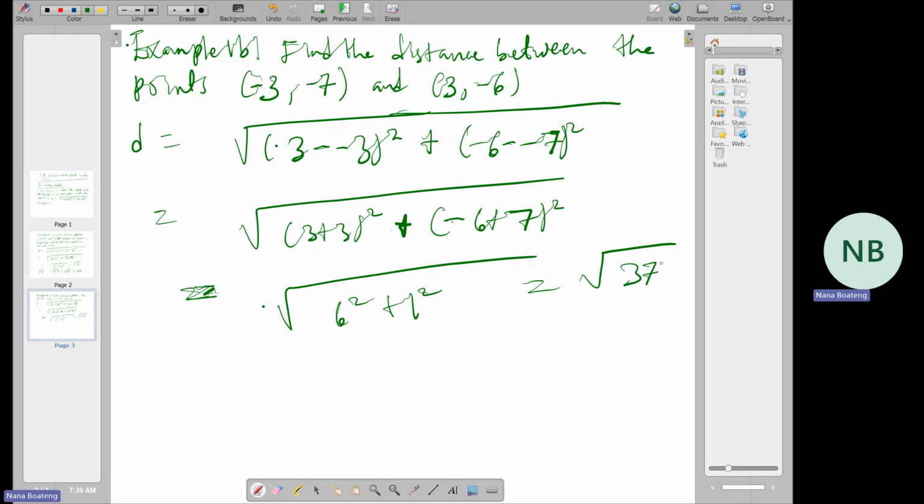The square root of 37 expressed in decimal to two decimal places is approximately 6.08. So this is the distance between these points.